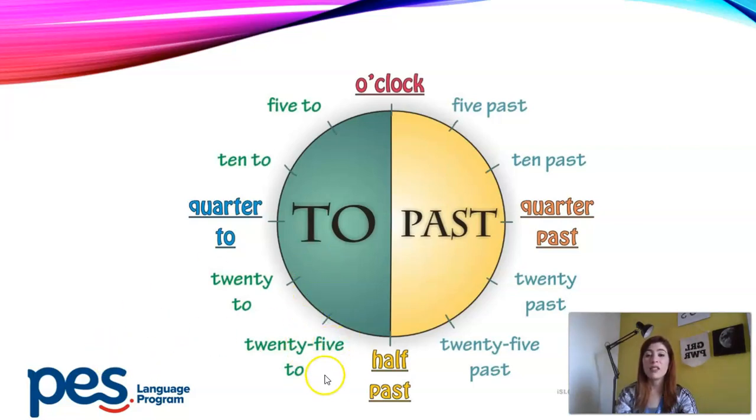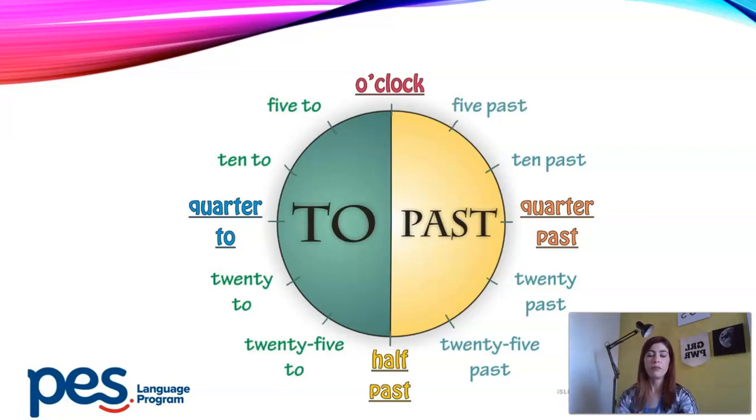And then it continues moving up until this position here, where the same thing happens. We say quarter to 1, yeah, because there's still 15 minutes to go until you get to the next hour.